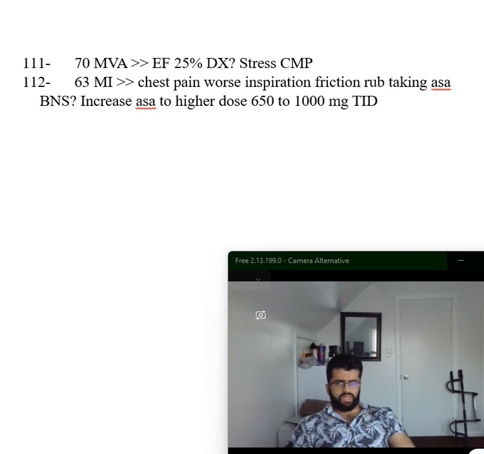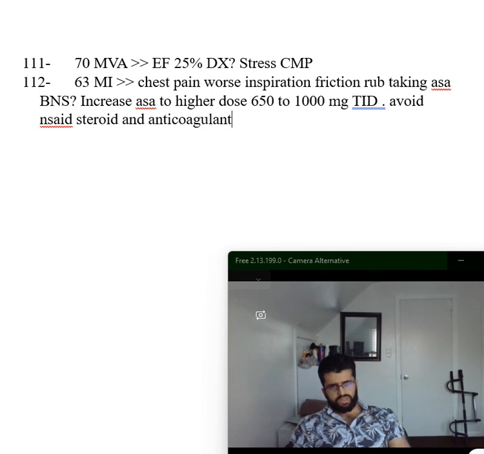Okay, these are the guidelines for acute pericarditis, peri-infarction, post-infarction. And avoid NSAID, steroid, and anticoagulant. I think because it increases risk for rupture and stuff.